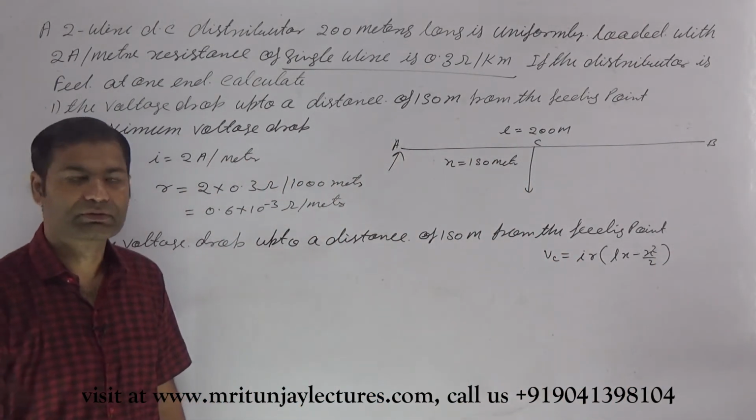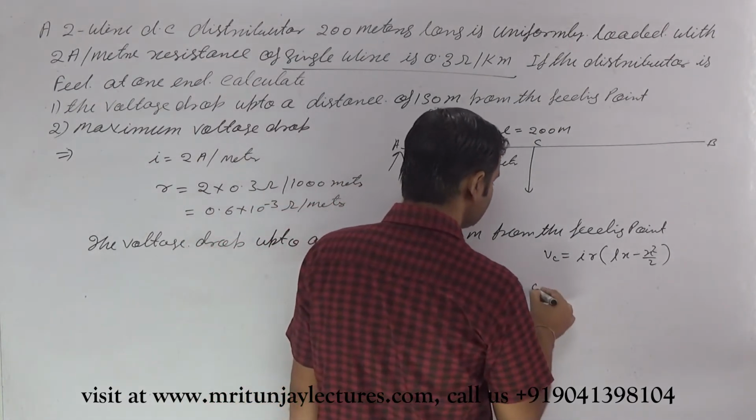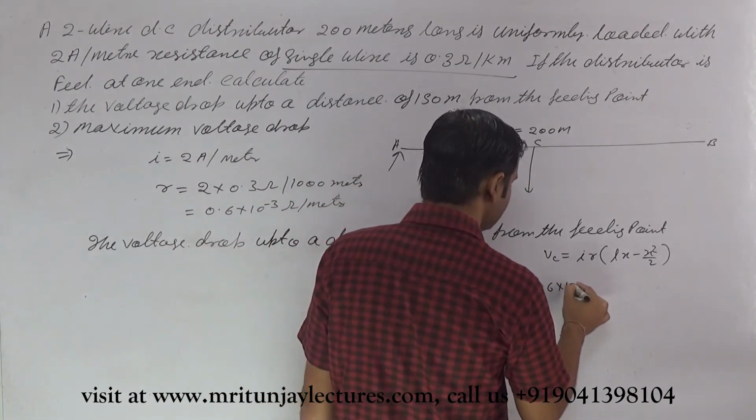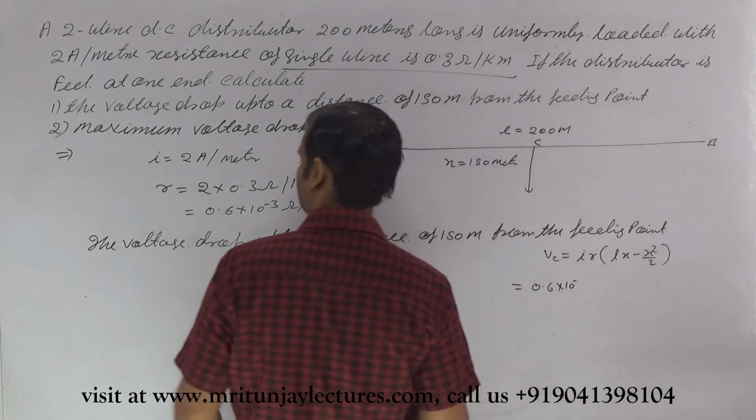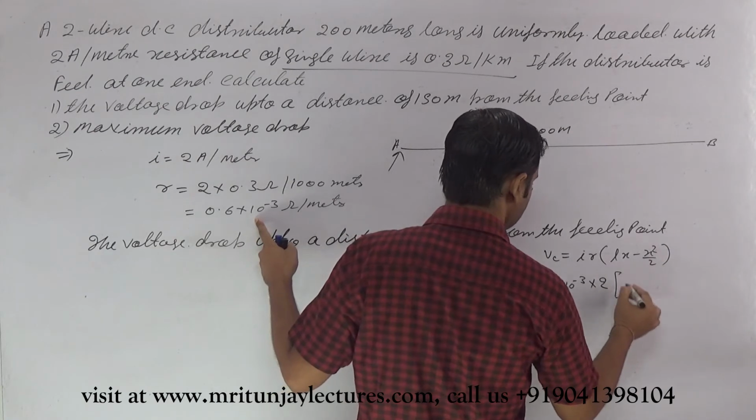Simply use the formula. R will equal 0.6 into 10 to the power minus 3, and I will equal 2. And what about the voltage drop at L?